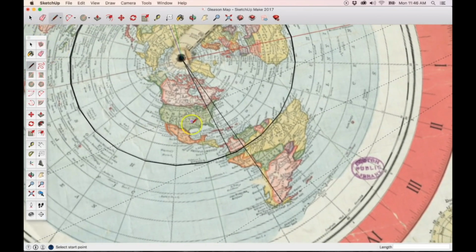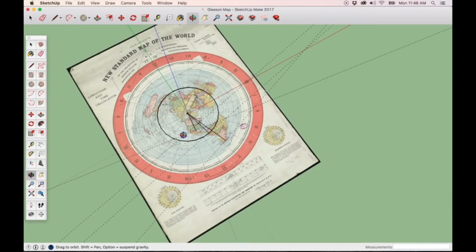Now I'll add Austin, Texas, and grab that protractor, come up here, snap around here, 90. So I see the sun rising from this direction and setting this direction. Now let's keep moving this around here.